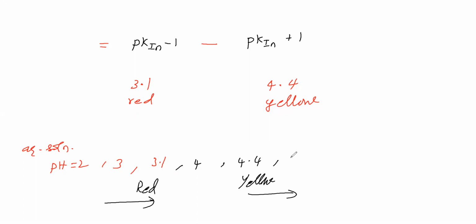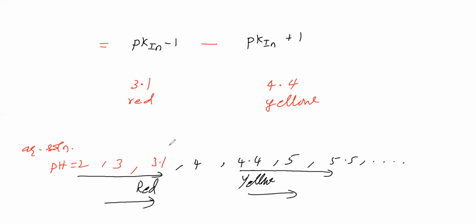Now due to titration the pH becomes 5.5, and it goes on. The yellow color will be persistent. The red color is persistent up to this, then from here onwards the distinguished yellow color starts.